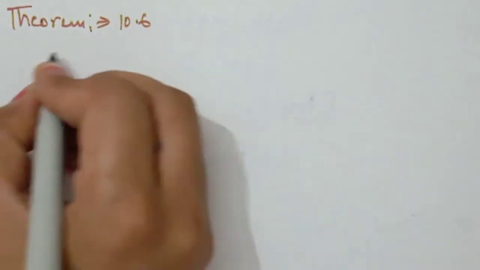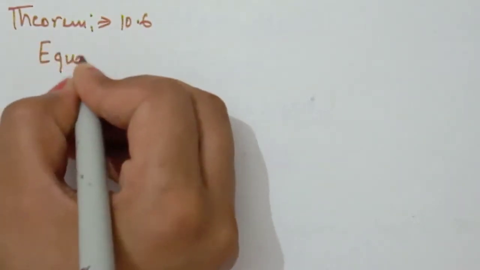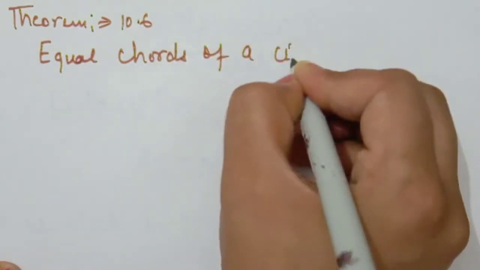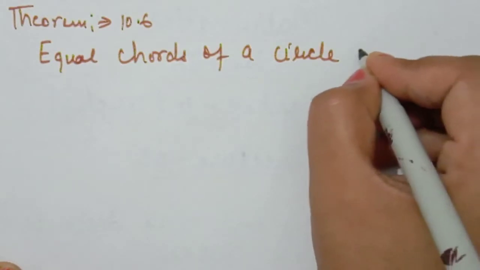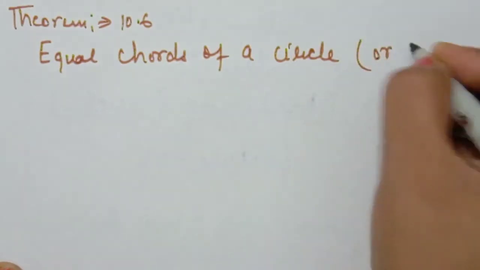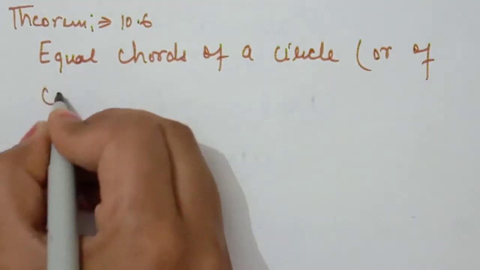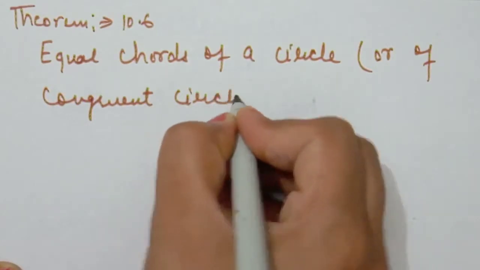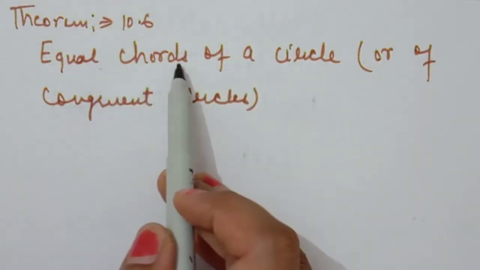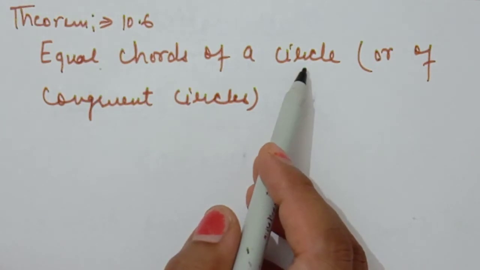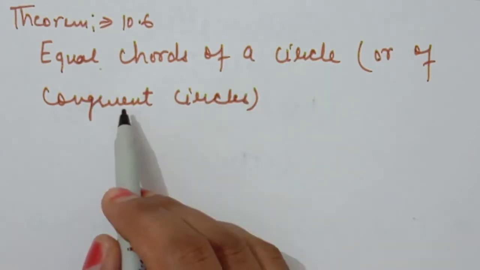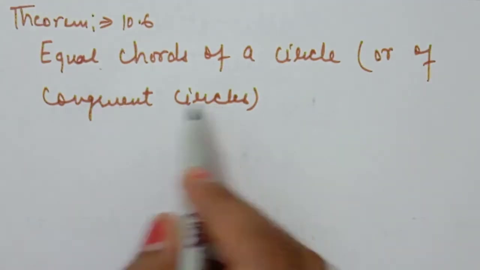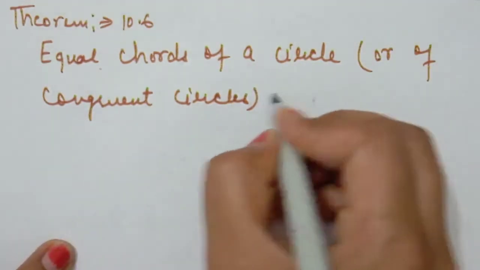Theorem 10.6, the statement: equal chords of a circle, or of congruent circles, are equidistant from the center. It means equal chords may be present in the same circle, and it is not a different thing if they are present in two different circles that are both congruent circles.